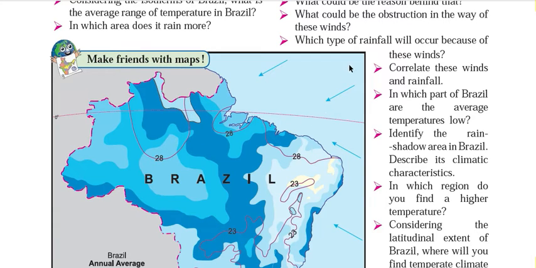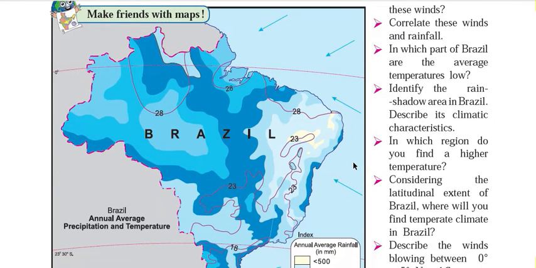That's why winds flow from ocean to land, and every evening heavy rainfall occurs in this northern part of Brazil. There is a pressure difference between two areas, and winds flow from the higher pressure region to the lower pressure region.